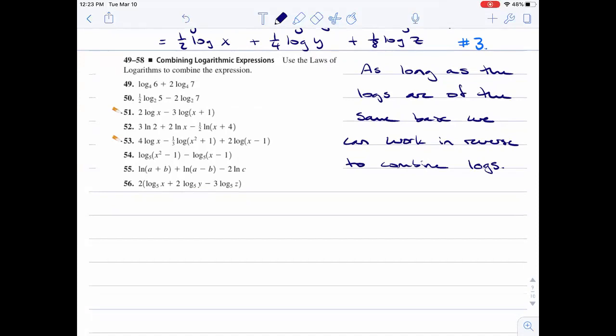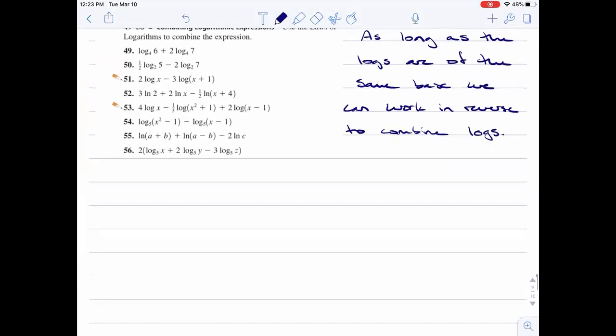I actually find that going this way is a little bit easier. So let's do 54 and 56. Or maybe 55 too. But let's do 54.